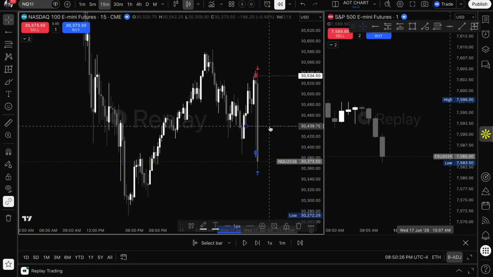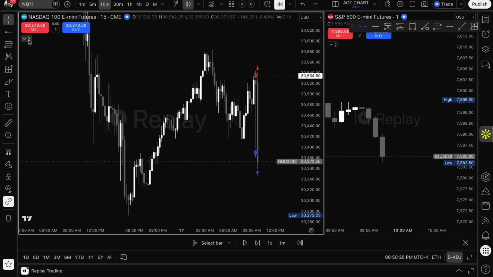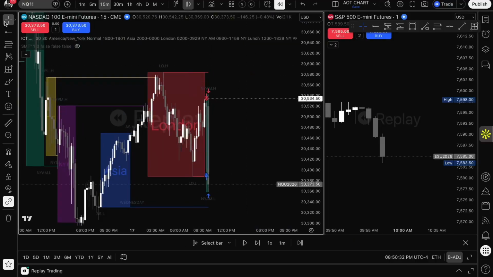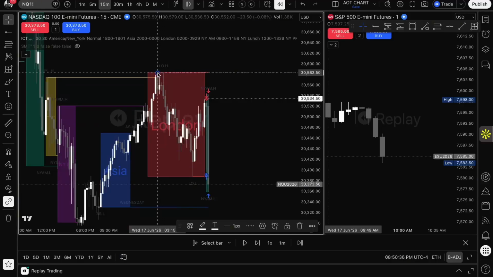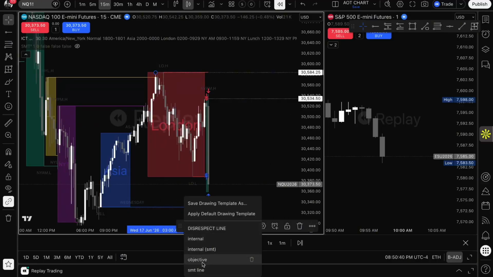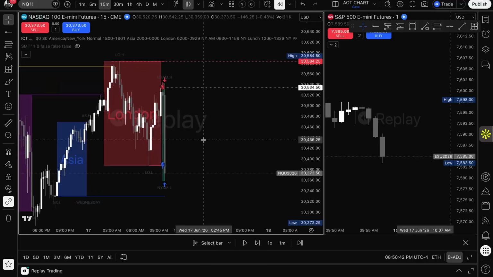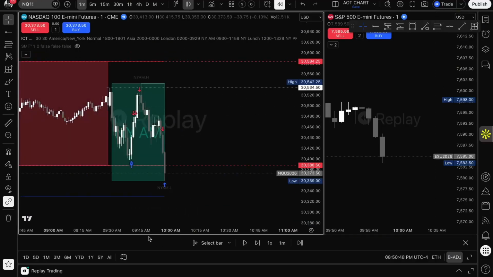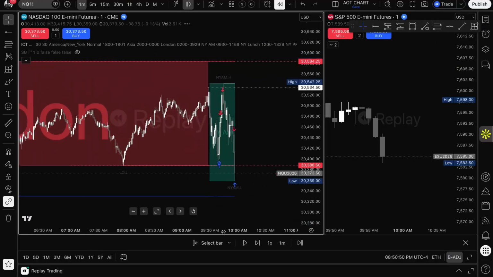When we're looking at session highs on this indicator, session highs is up all the way up here. So London high is up here, London low down here.